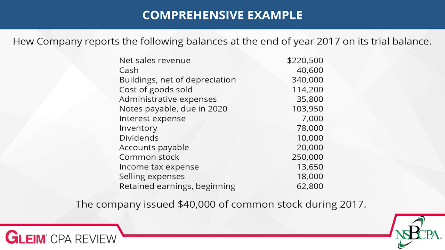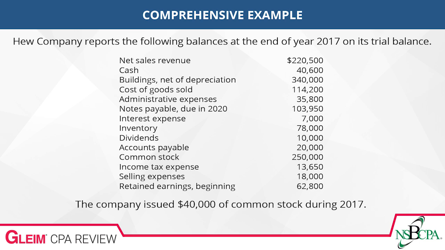The trial balance is the source of where all the numbers come from that you use to prepare the financial statements. The other key item I want to point out is the retained earnings balance. The number you see here on the trial balance is actually the beginning of the year balance for retained earnings.